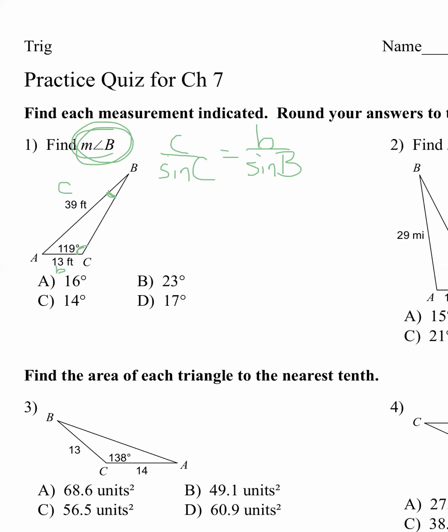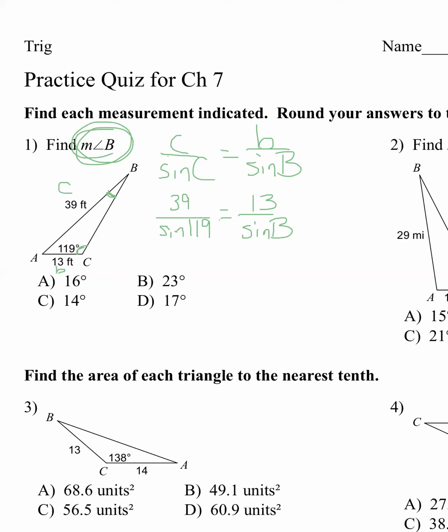There's just one missing, but I should be able to solve for it. Lowercase c is 39 over sine of capital C, 119, set equal to lowercase b, 13, over sine B. Capital B is the one I don't know, but now that I have this ratio, I can solve for it.